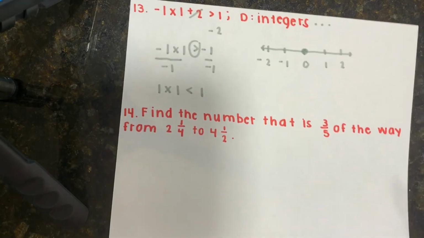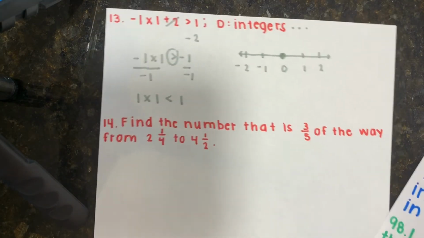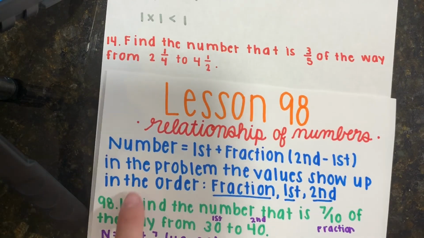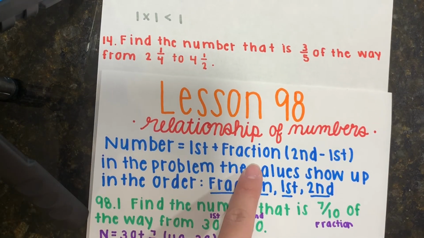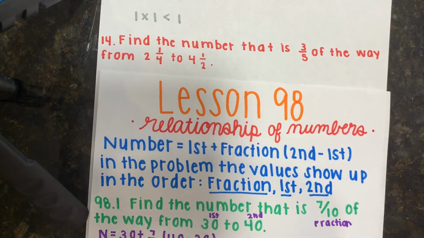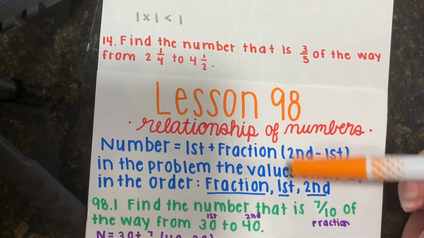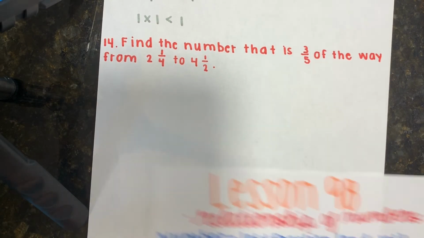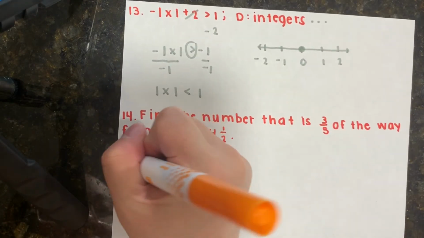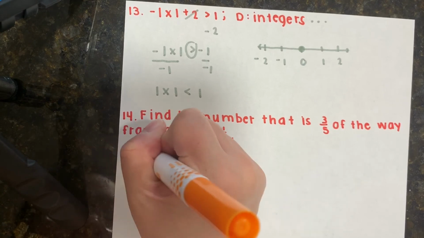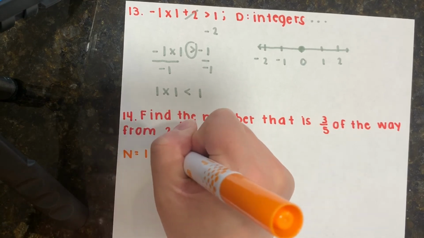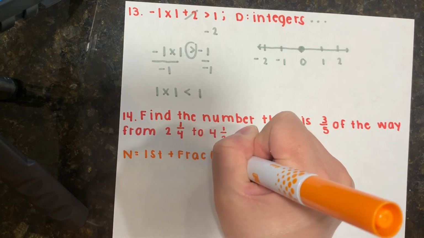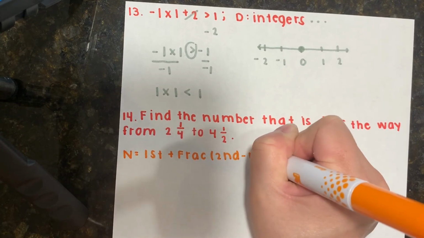Now for number 14, we're going to flip to our notes for lesson 98, which says the number is equal to the first number plus fraction times second minus the first. And the order in which it shows up is always fraction, first, second. So my equation is going to be the number is equal to the first plus the fraction times the second minus the first.